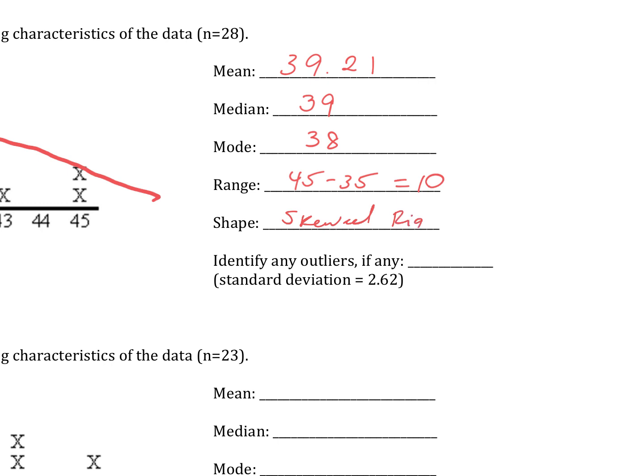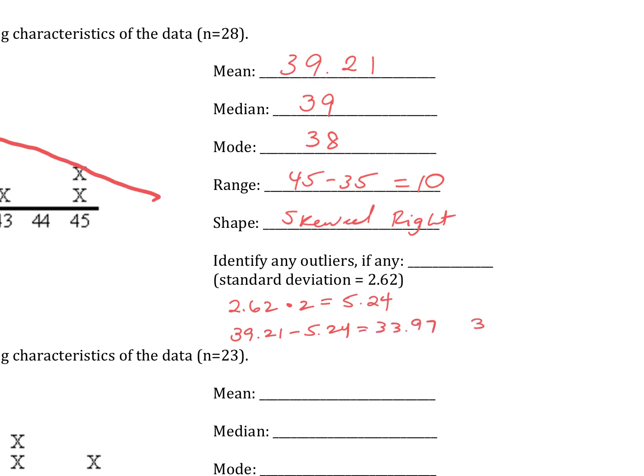To calculate if there are any outliers, I'm going to double my standard deviation, so 2.62 times 2, which is 5.24. And I'm going to add and subtract that from the mean. Let's start with subtraction. 39.21 minus 5.24 is 33.97.